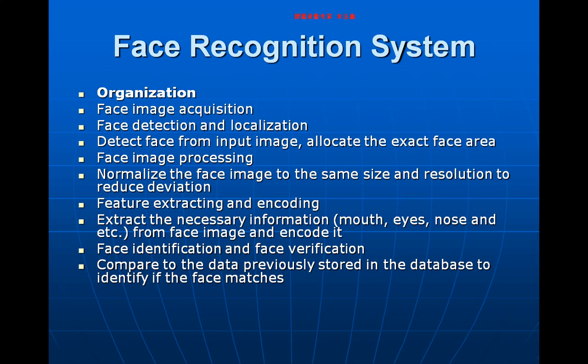After that, we do the face image processing. Basically, we normalize the face image to the same size and resolution to reduce the deviation. Then we use feature extracting and encoding, trying to extract all the necessary information, which includes mouth, eyes, nose, etc. from the face image and encode it.